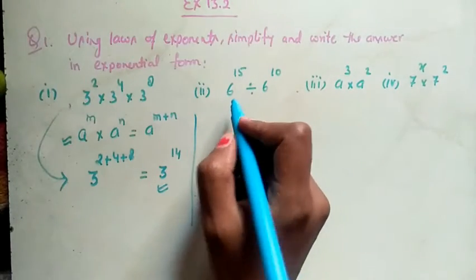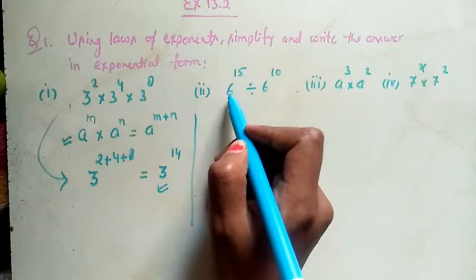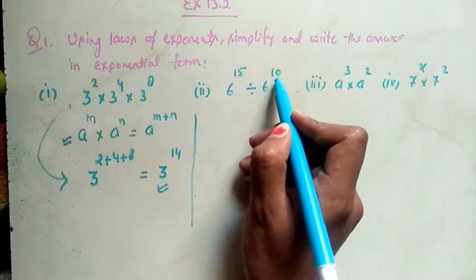Now the next part, that is 6 to the power 15 divided by 6 to the power 10.